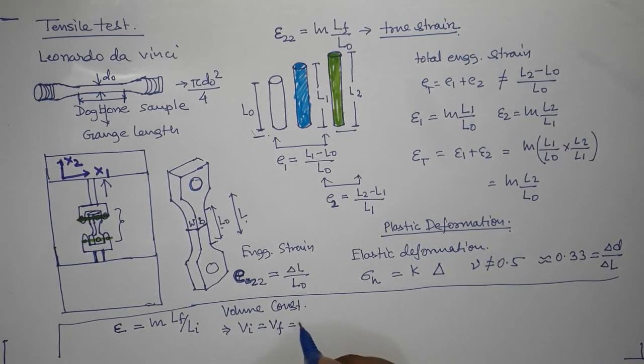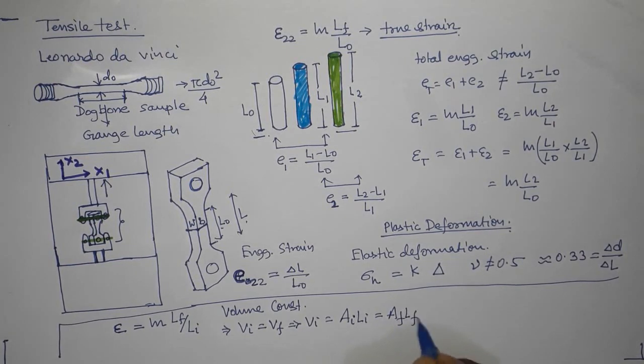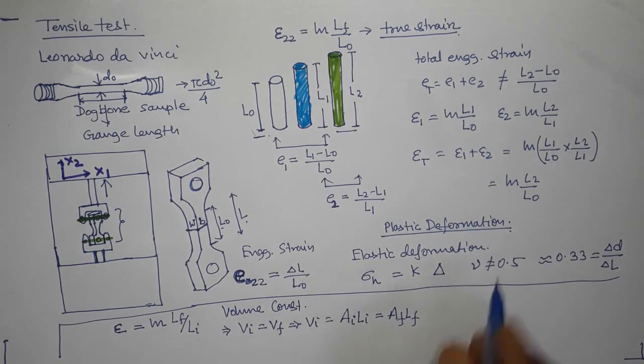So Vi is equal to the initial area, Ai, times length, and this should be equal to the final volume, which will be the final area times the final length, right? So we can replace Lf by Li times Ai by Af. So epsilon will be equal to log of A initial by A final, right?